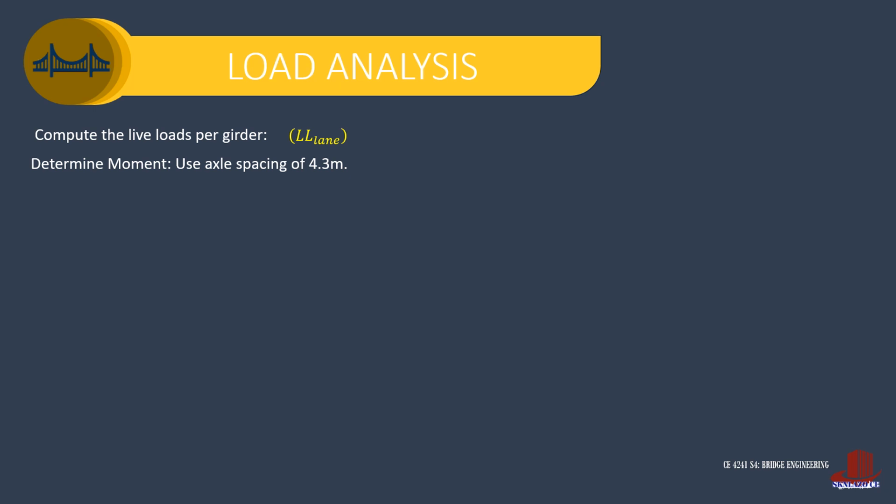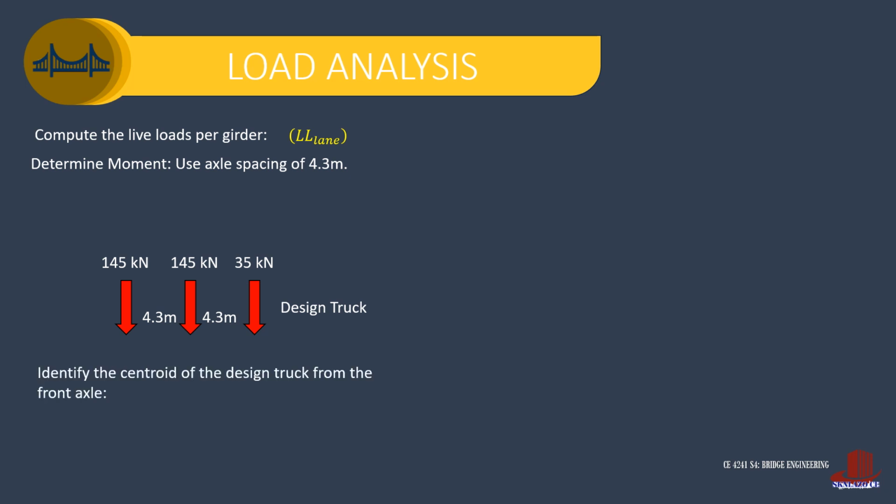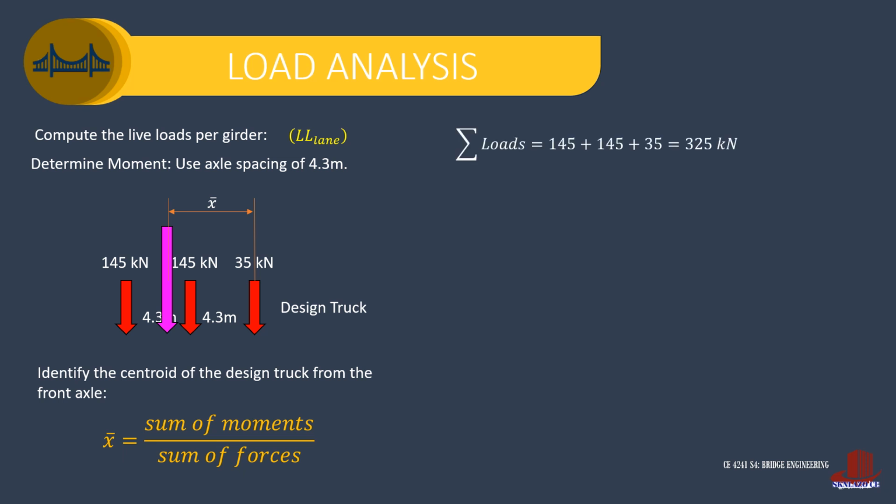We start by looking for the centroid of each design vehicle. For the design truck having 3 axles, we look for the centroid by using the summation of moments over the summation of forces. With training from statics, you can already deduce that the resultant of forces will be found between the two rear axles. That is where the centroid is. The summation of loads is 145 with another 145 plus 35, or 325 kilonewtons.